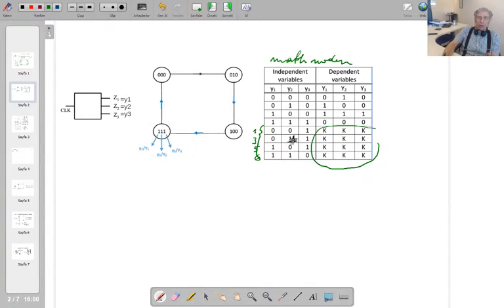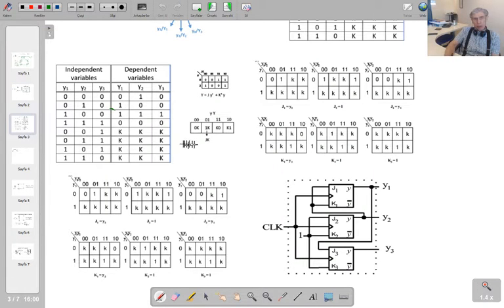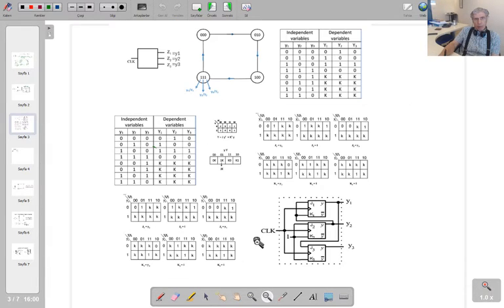So after the mathematical model, what we are going to do is the design. These are the steps. This 3 I already explained. So this table is the same as this. From now on, we are assuming that we are going to use JK type memory elements.